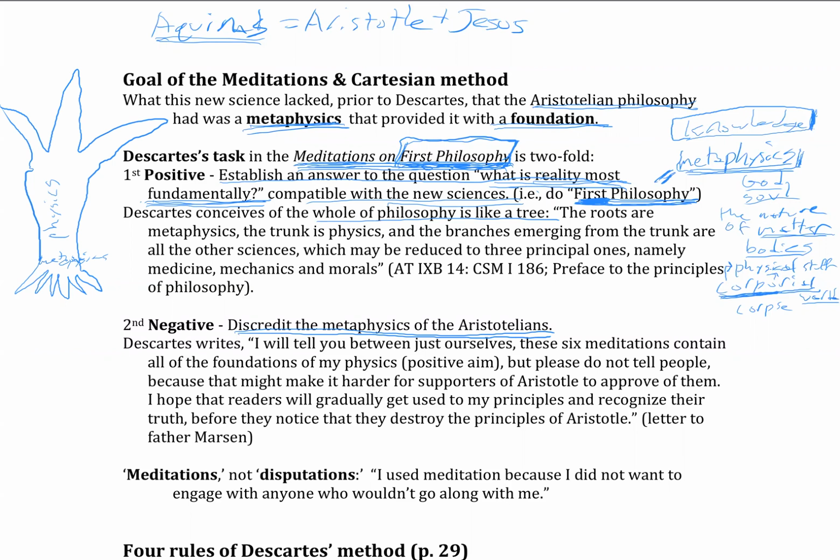And we've got, let's see, medicine, mechanics, and morals.